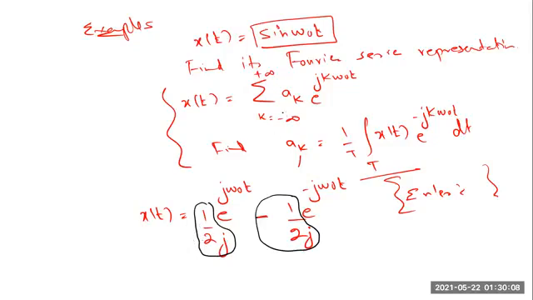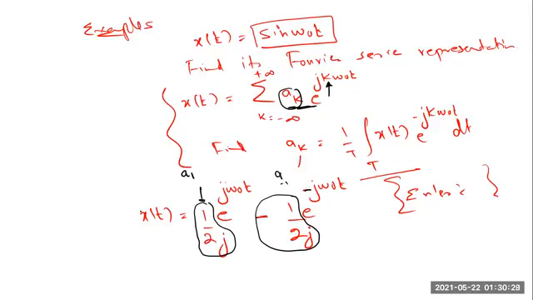They are Fourier coefficients. If you look at this representation, this a_k is related to this k number. So over here, k is equal to 1, so this must be equal to a_1. And this is minus, so this must be equal to a_minus 1.